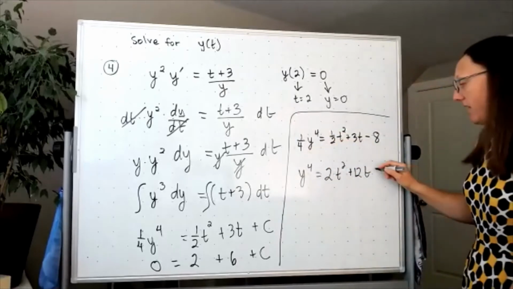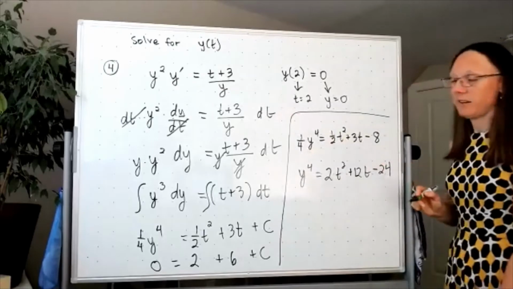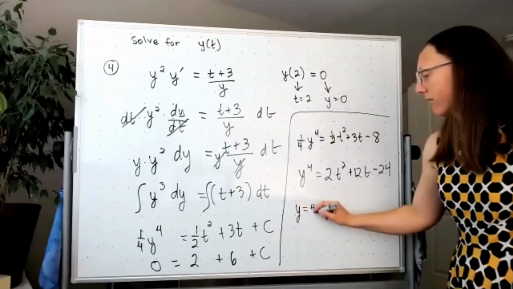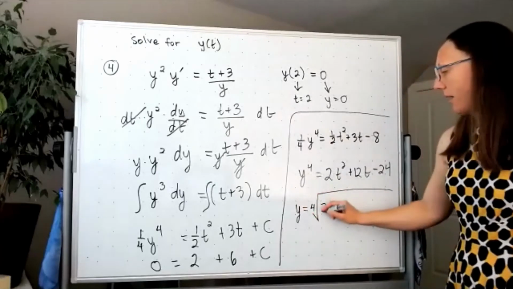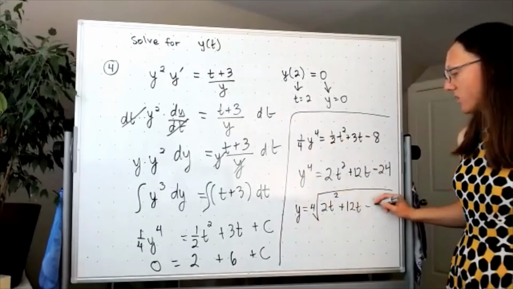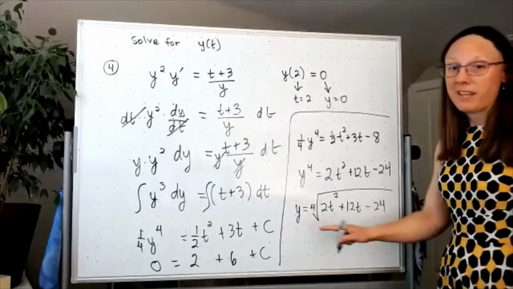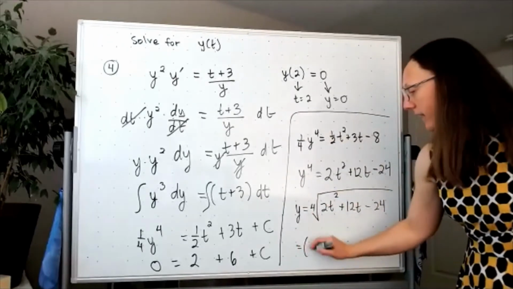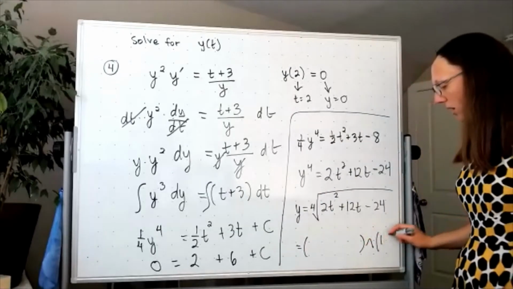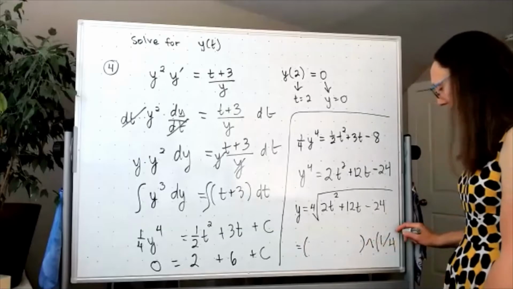And 4 times -8, I'm at -24. Then last step, to get that y by itself, I will take the 4th root. Pro tip in terms of typing things into WeBWorK. In WeBWorK, I would write that in as all that stuff raised to the 1/4 power.